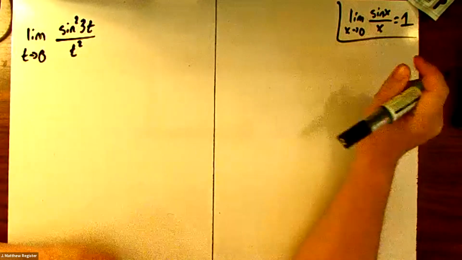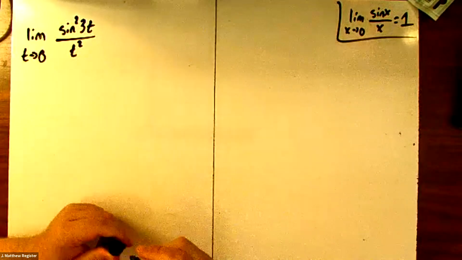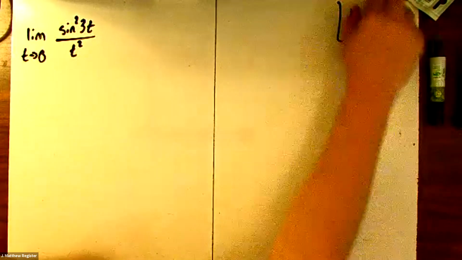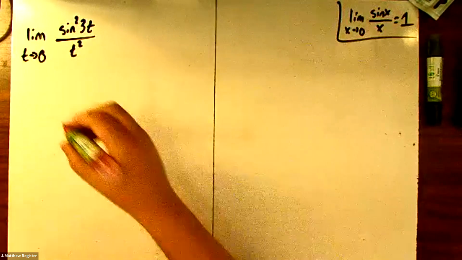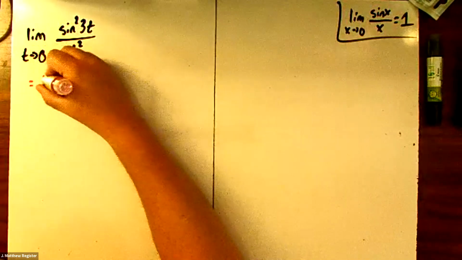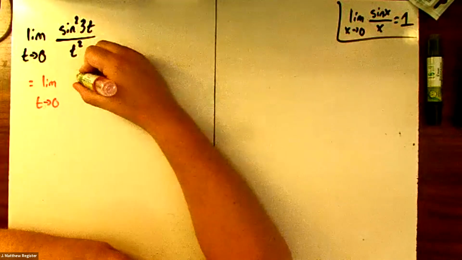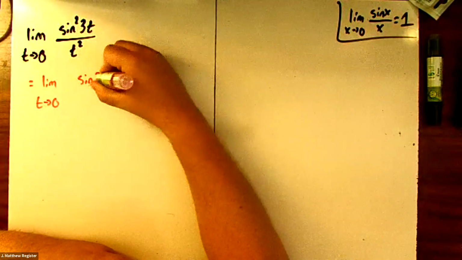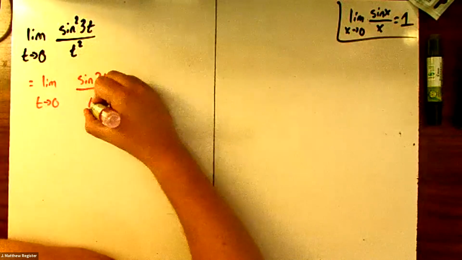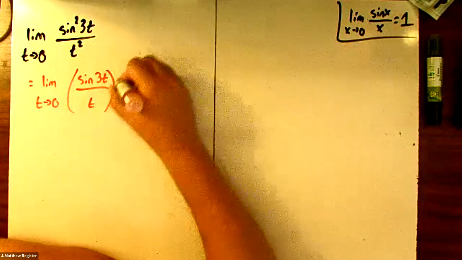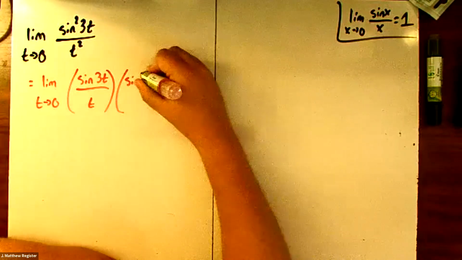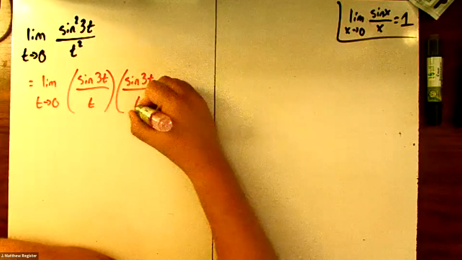And so let's see if we can make it closer to it. If we were to expand this out, we could say that this is the limit as t goes to 0 of sine of 3t over t times sine of 3t over t.